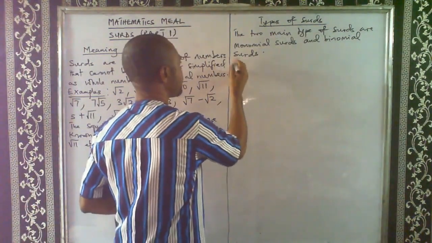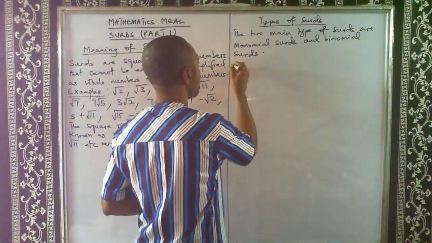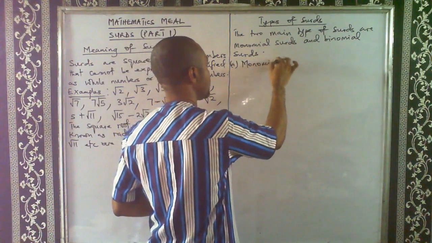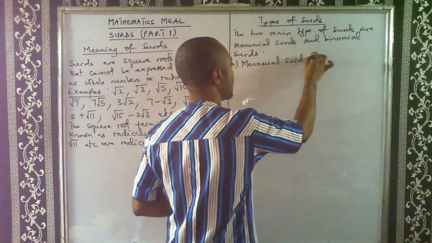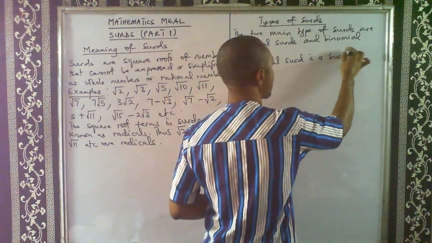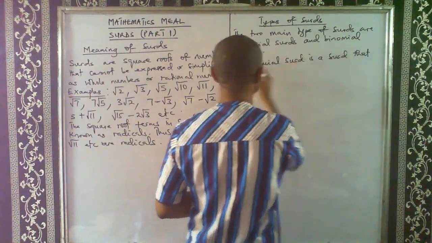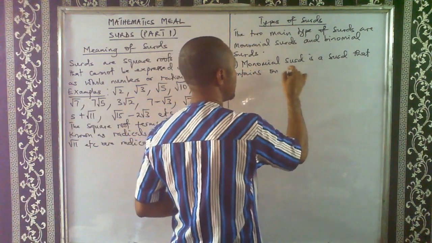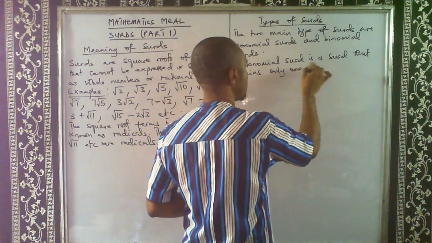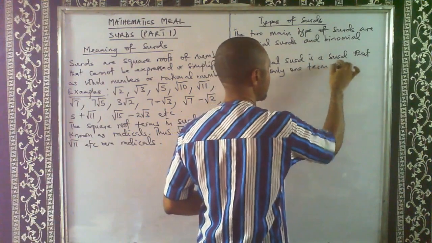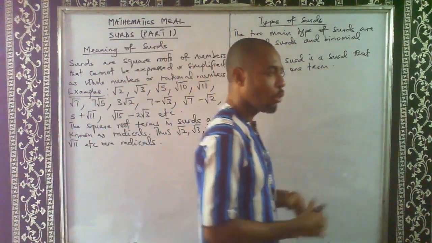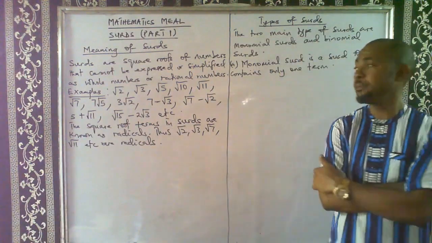So what do we mean by monomial surd? A monomial surd is a surd that contains only one term. A monomial surd is a surd that contains only one term.